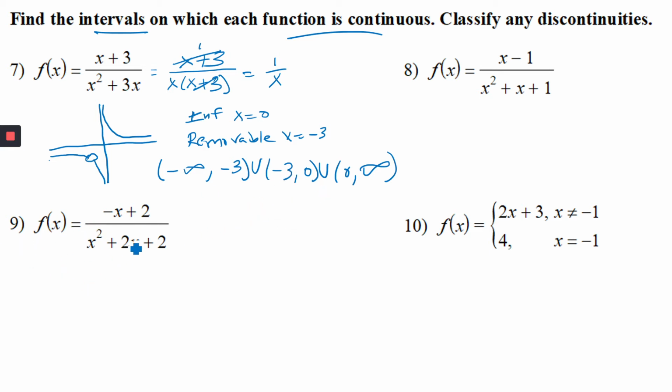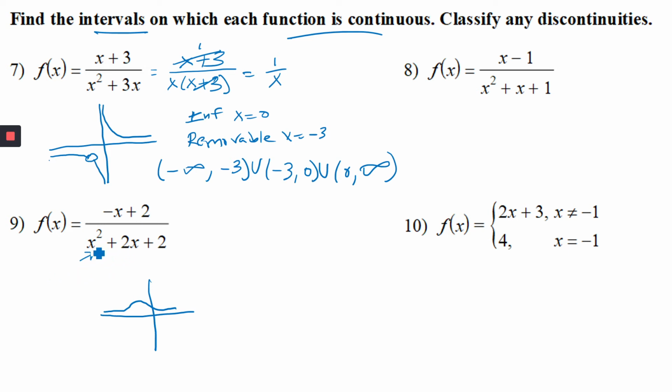Number 9, if you graph this one on your calculator, it's going to look like a little bump here. And the denominator here is never going to equal 0. I mean, if you try to factor it, x squared plus 2x plus 2, you're going to find out that you can't factor it. If you use the quadratic formula, you're going to get complex solutions.